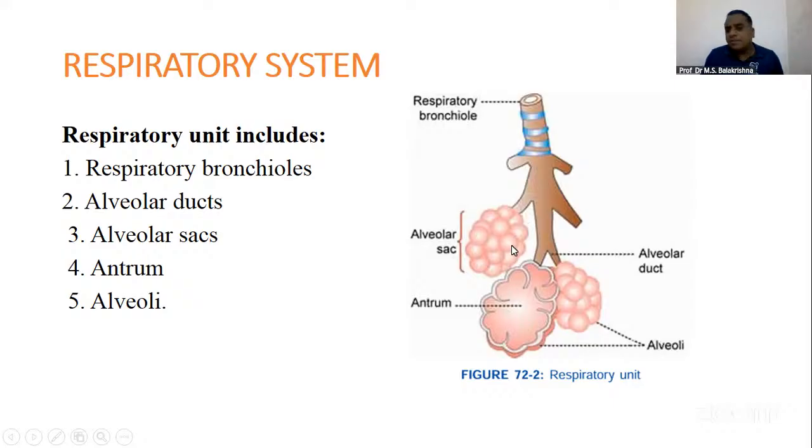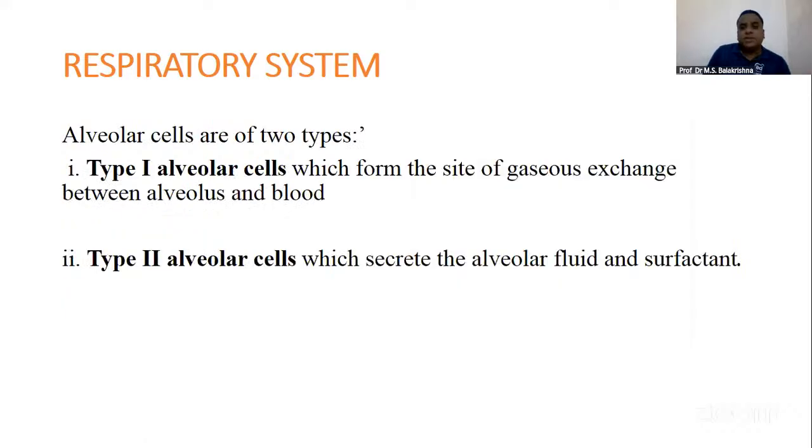Then the atrium; the cross section of one alveolus is called the atrium. And the small structure you are seeing is an alveolus, like a small balloon. At the alveolar level, exchange of gases takes place. So all of this is included in the respiratory unit.